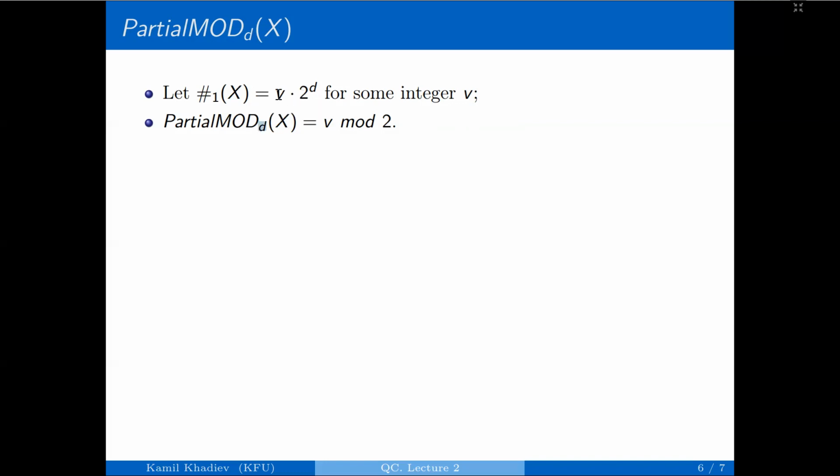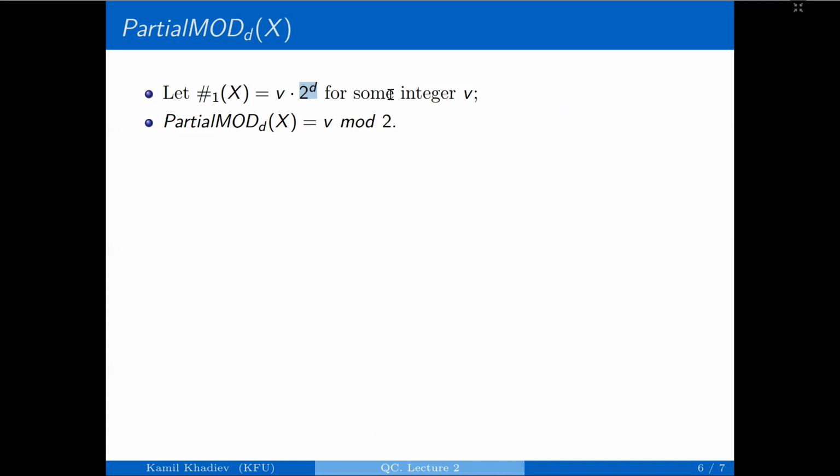The promise is that the input is a binary string and the number of ones in this binary string is always v times 2 to the d. The question is, what is v mod 2? Is v odd or even?